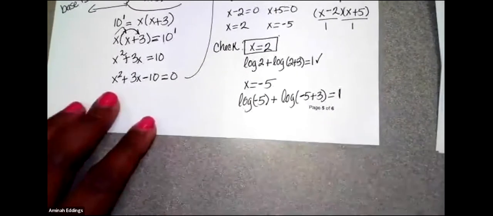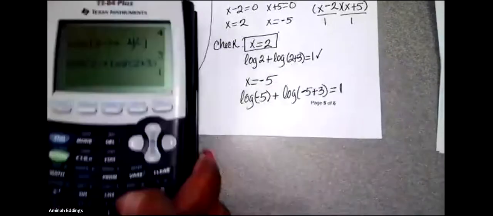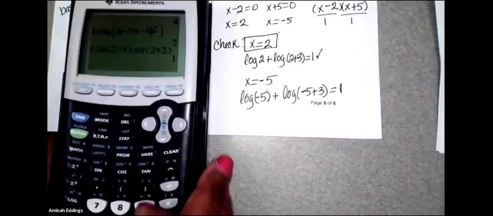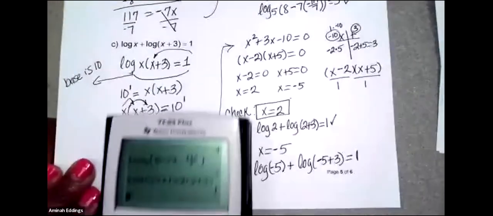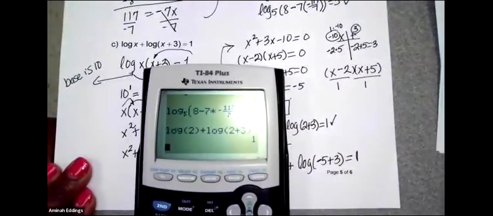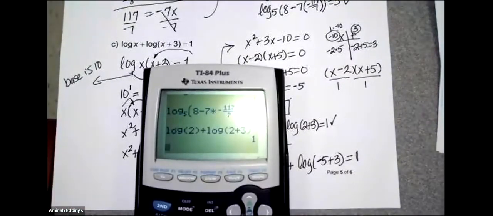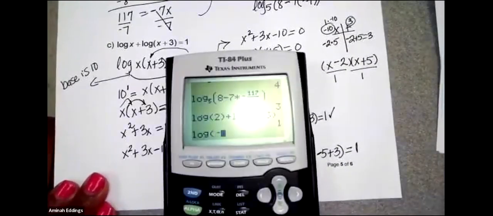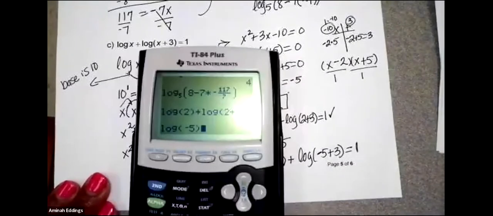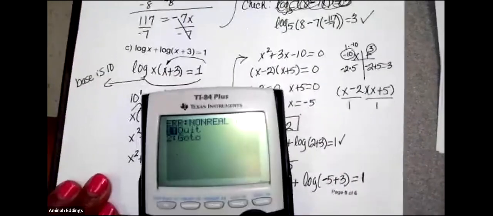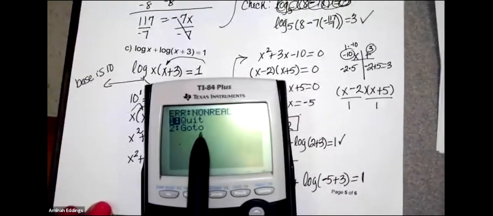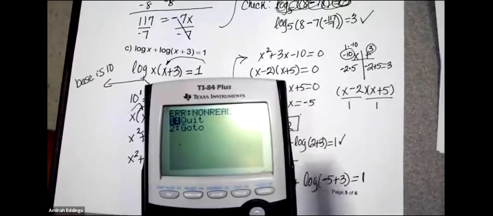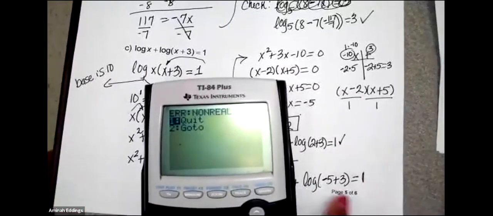But even if you don't recognize that, when you plug it in, you're going to have log of negative 5 plus log negative 5 plus 3. And you're going to get the error. It's saying non-real answer. And that's because you can't take the log of a negative number.